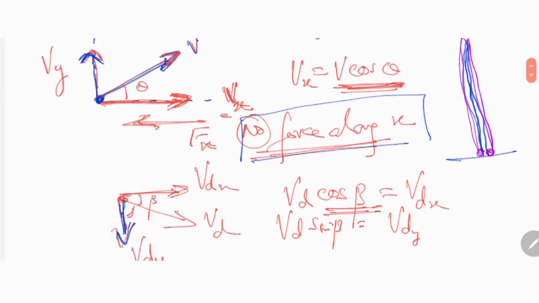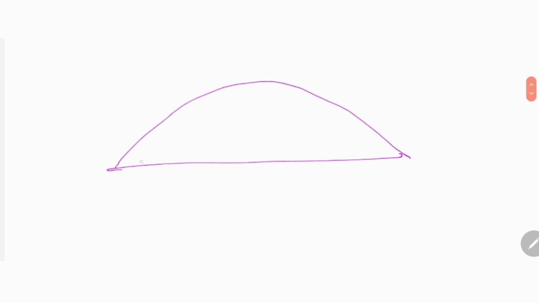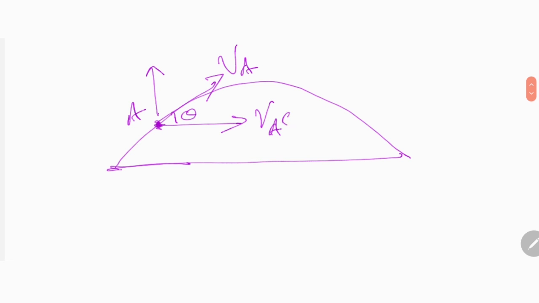I'll quickly wrap this up with a summary. So this is the projectile. No matter where the object is, we'll take it here. If this is point A and this is VA, you have two components, and this is theta at this point, so VA cos theta in this direction and VA sin theta in this direction.